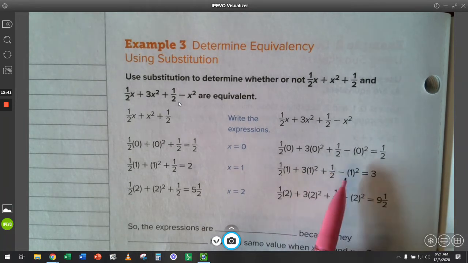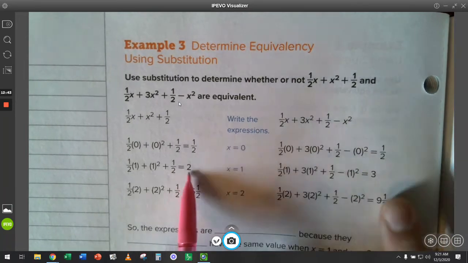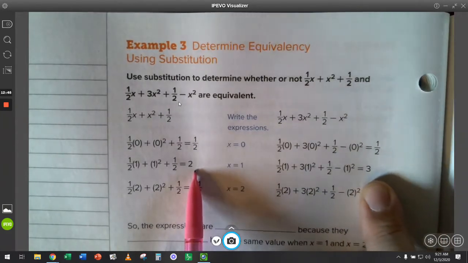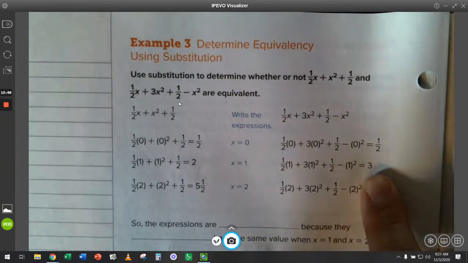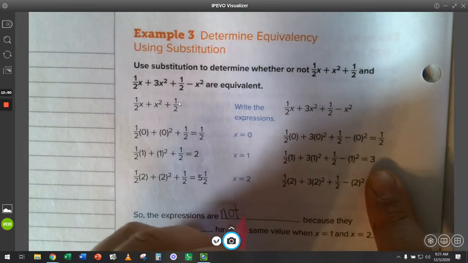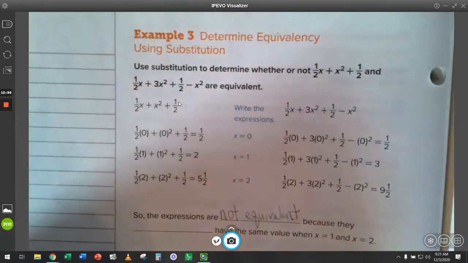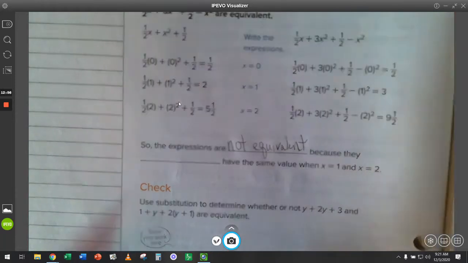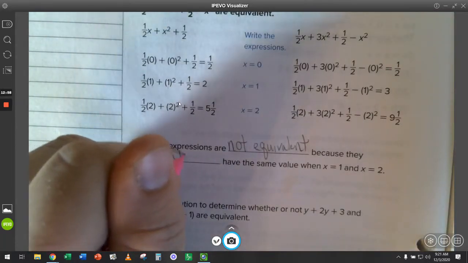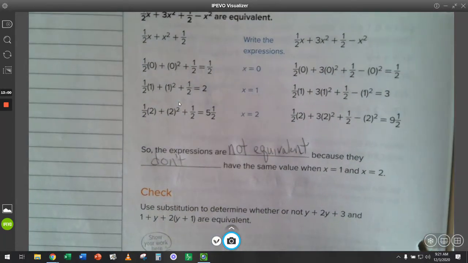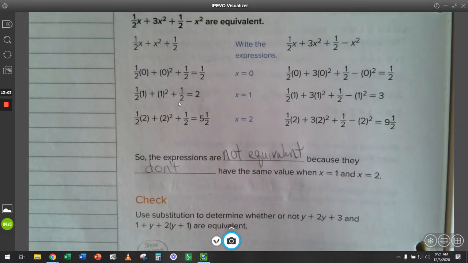So now we're up to 4, minus 1 would be 3. Oh, so because we have two different values, the expressions are not equivalent, okay? Because they don't have the same value when x equals 1 and x equals 2.